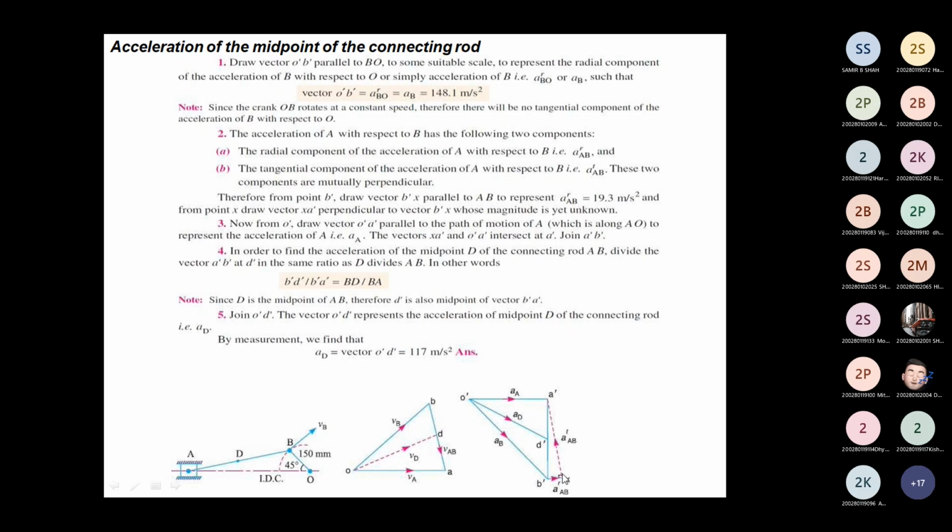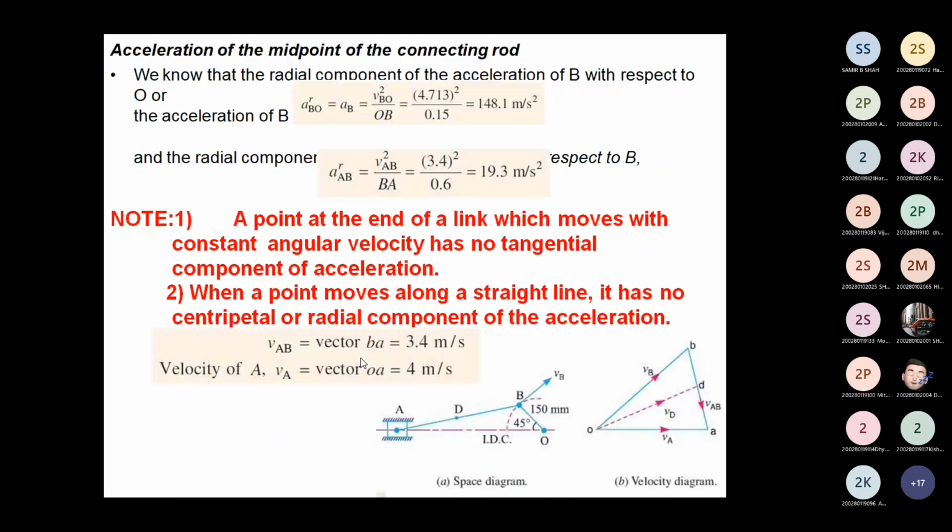Now you can see the link is OB. We know very well that the radial part of OB is equal to 148.1 meter per second square. As per our scale, if you take 1 centimeter equal to 10 meter per second square, or 1 centimeter equal to 20 meter per second square, then it comes to near 7 centimeters, right?